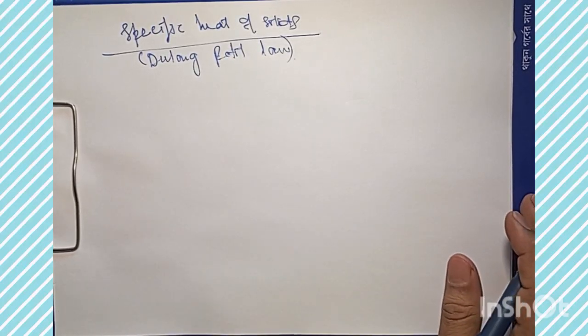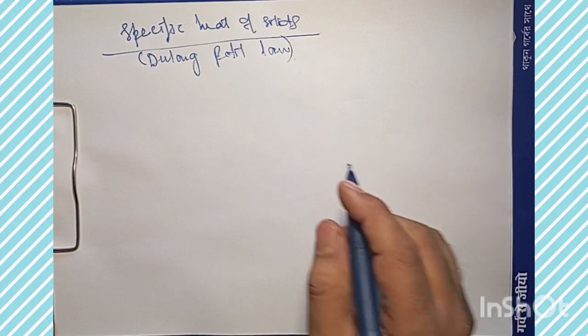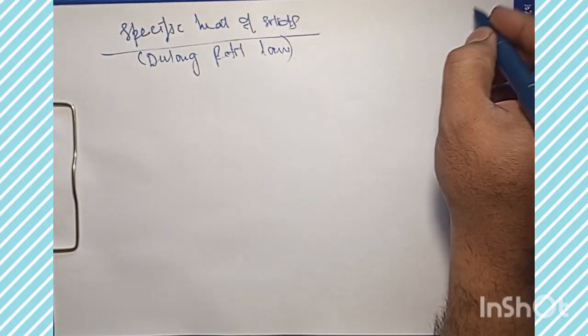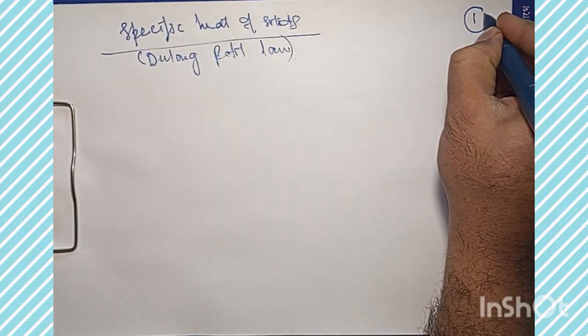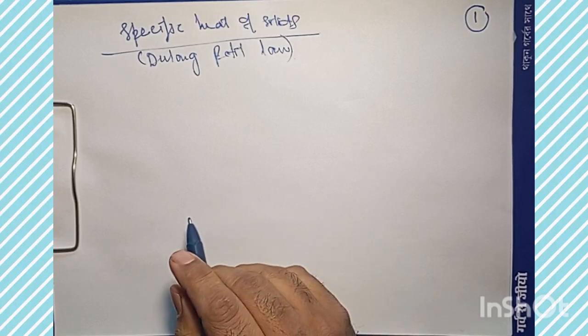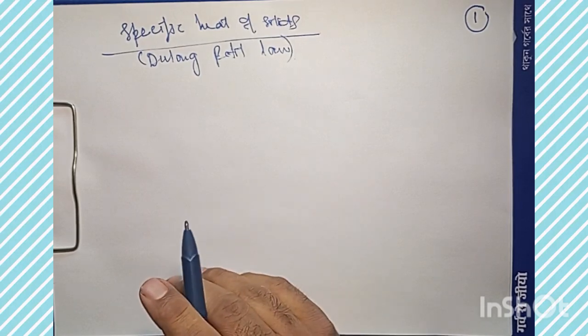Now let us start with a new discussion, and this discussion will be based on specific heat, and how do we define this physical quantity as the specific heat of any substance.